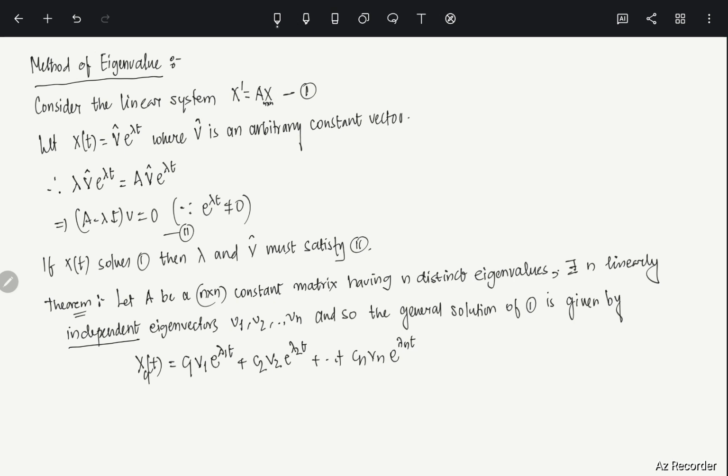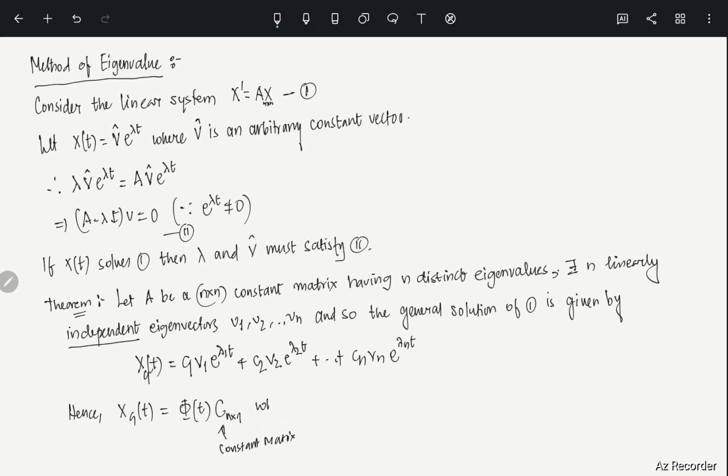Hence we can write xg of t as phi of t, the fundamental matrix, times a constant matrix c, an n cross 1 matrix. We have looked at this previously, so we know that this is true.